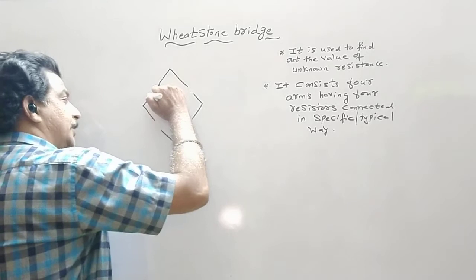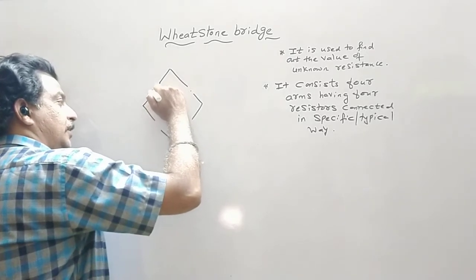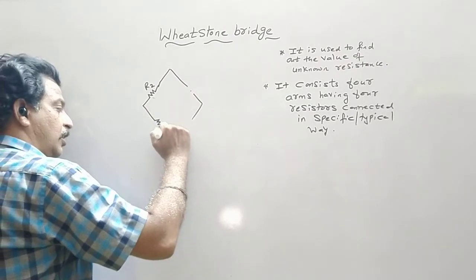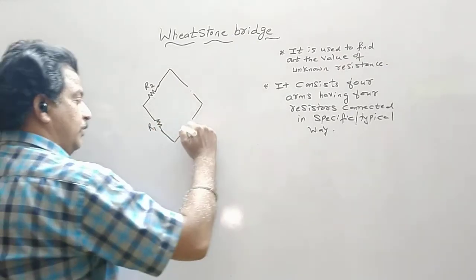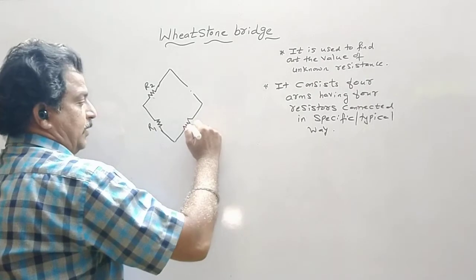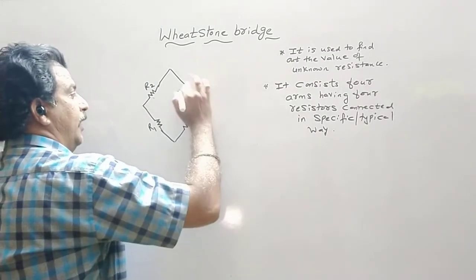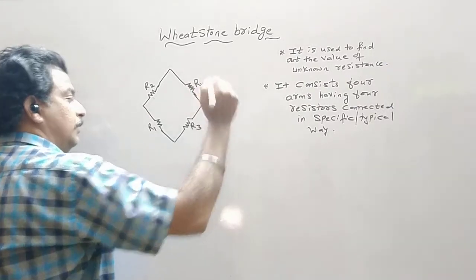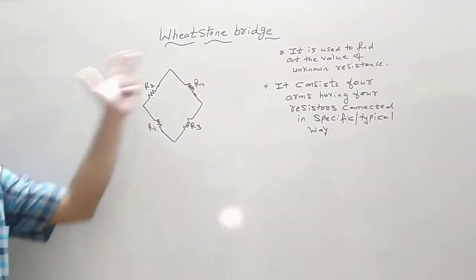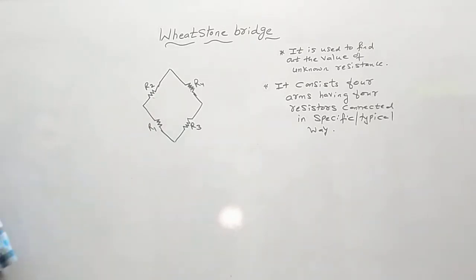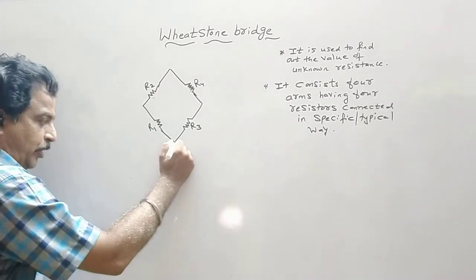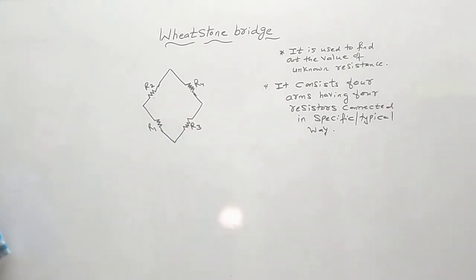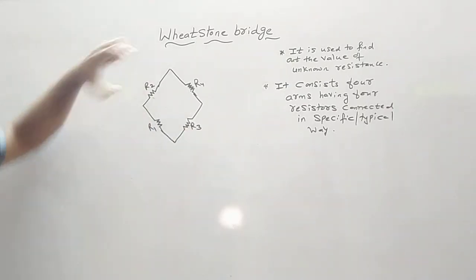Now let me connect these resistors. Let us name this as R2, this as R1, this as R3, and this as R4. You can give the names of these 4 resistors as per your wish. So these are the 4 arms.